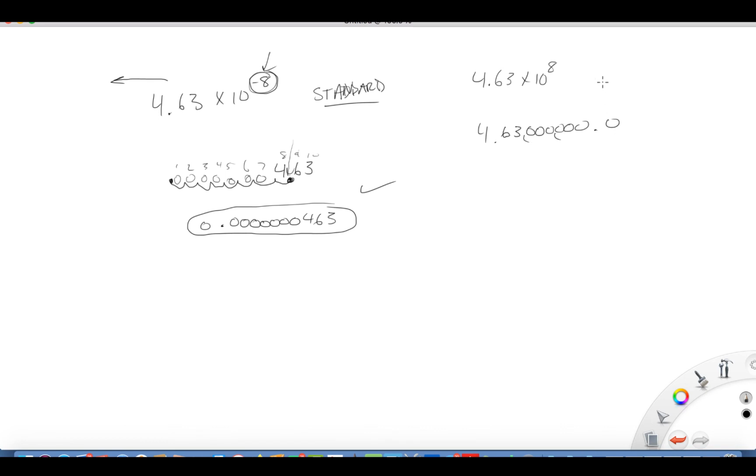And the decimal would be here, 8 places, because it would have gone 1, 2, 3, 4, 5, 6, 7, 8 places. So the difference between a positive 8 and a negative 8: big difference. Big difference.